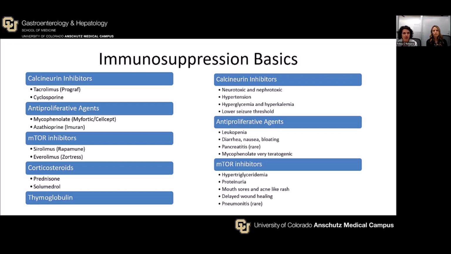Typically, when patients are given thymoglobulin, we will give them prophylactic antibiotics for a period of months after administration to help reduce the risk. But definitely your differential would be broader if a patient had recently received thymo and was presenting with fever. The reason that we would give thymoglobulin is for rejection, and we'll talk about that in a minute as well.